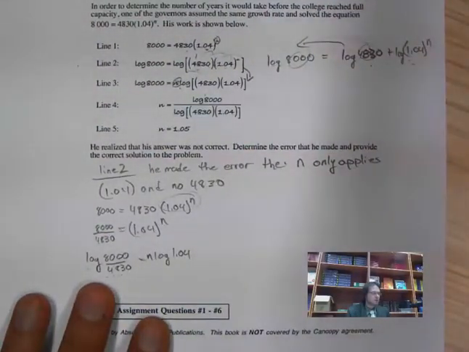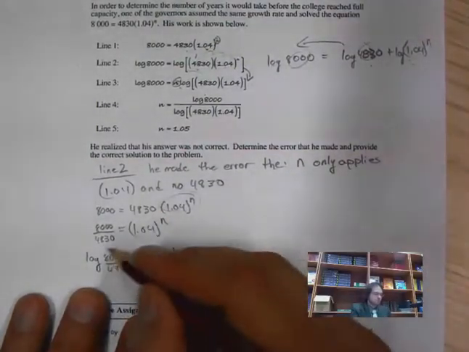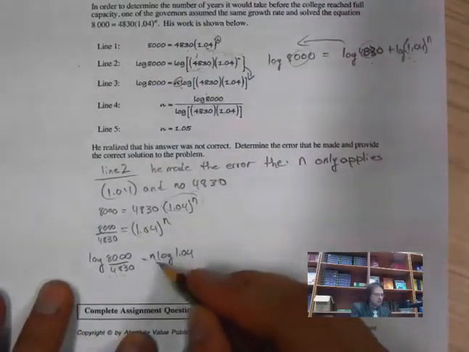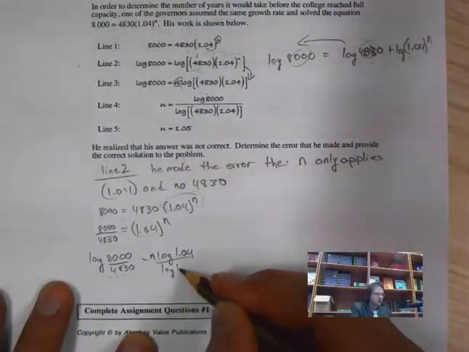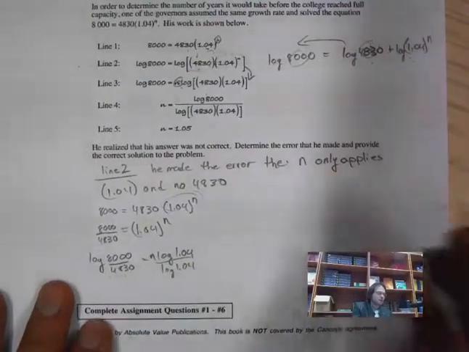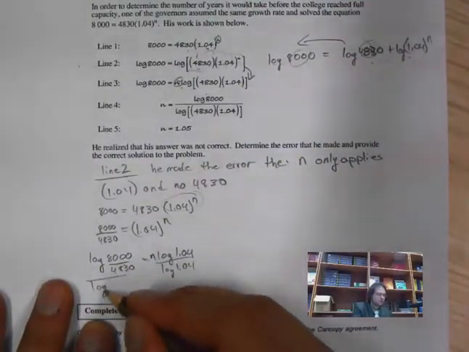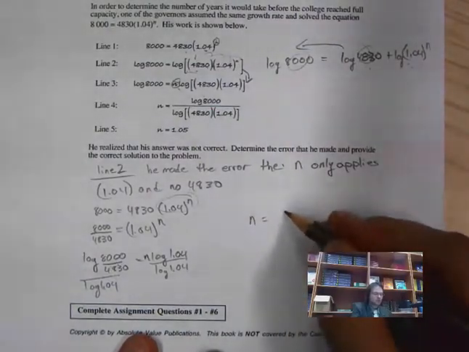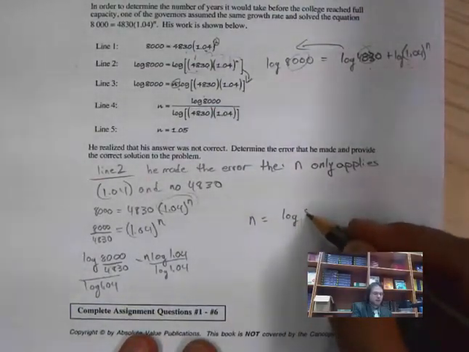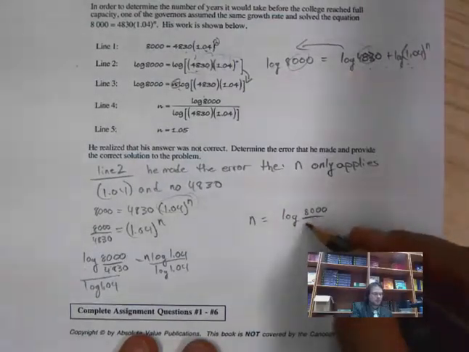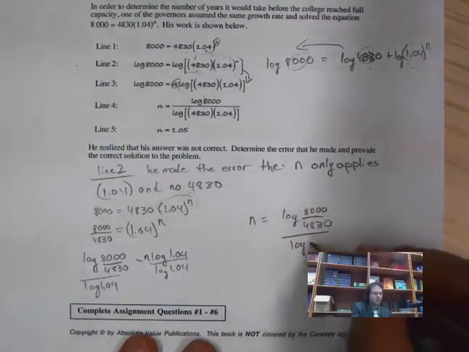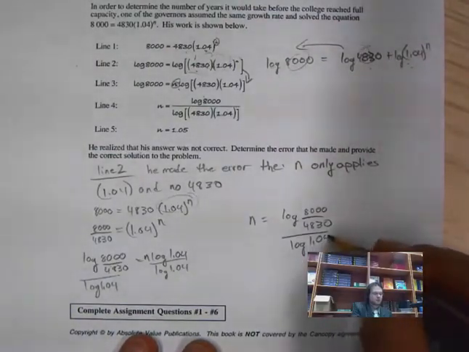So now, what's the next part we should do? Well, let's figure out what this is. That's going to give me something. And divide both sides by log 1.04. I'm going to leave that until my calculator at the end. Okay? So I end up getting n is equal to log 8,000 divided by 4830 all over logarithm of 1.04.